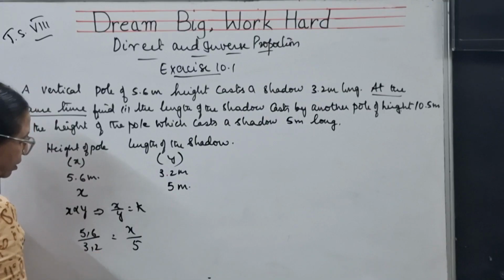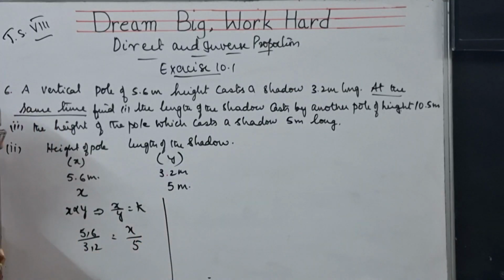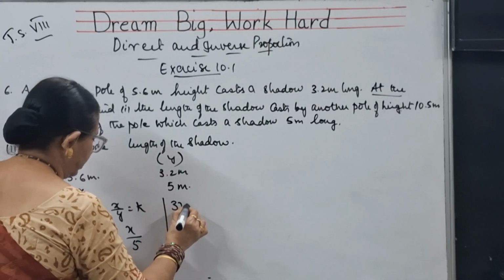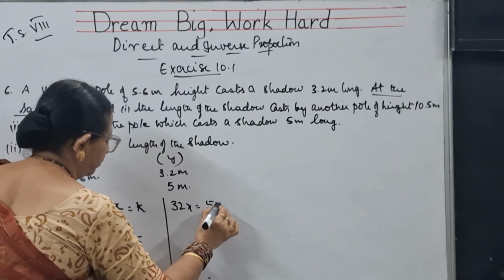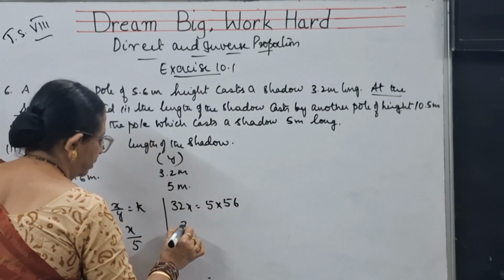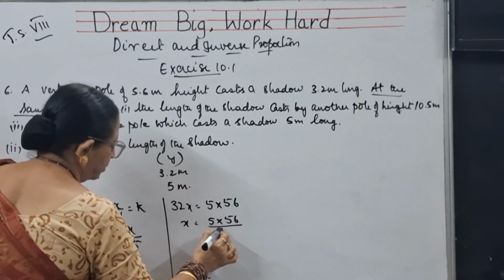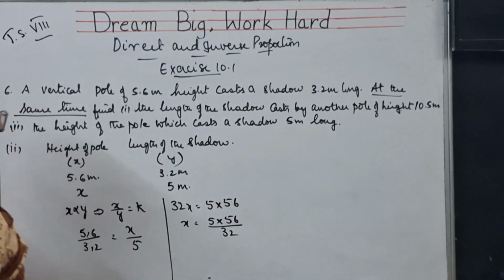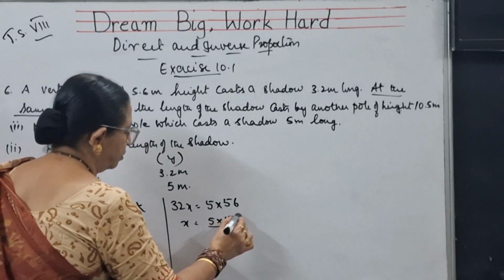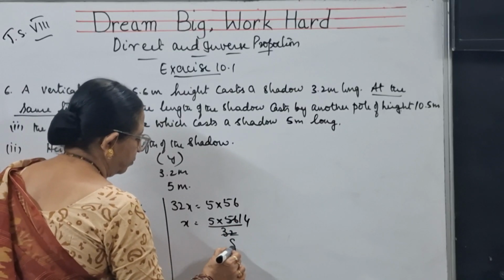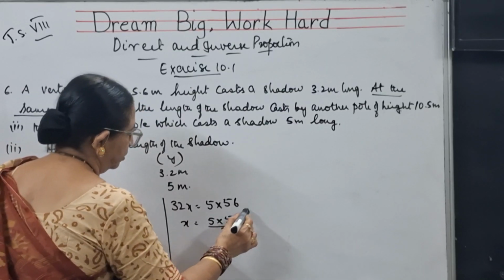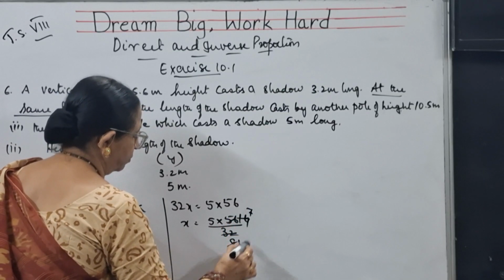The decimals will get cancelled. So 32x is equal to 5 into 56. x is equal to 5 into 56 by 32. So 4 ones are 4, 4 fours are 16, 4 eights are 32, 2 sevens are 14, 2 fours are 8.